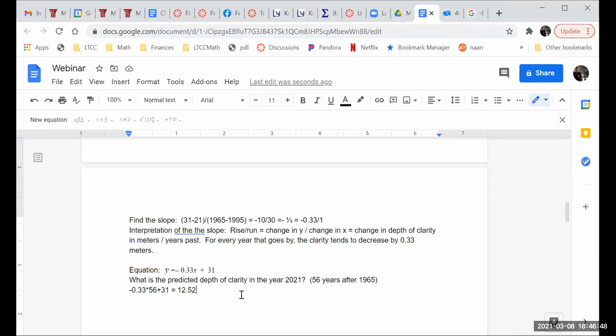It seems wrong just because it seems like we could see a lot further down than 12.5 meters. Right, but here's what happened. Let me give you the story. The story is this was a prediction that if things go as they were going, this was what would happen in the year 2021. That's a disaster. Lake Tahoe would have been murky.